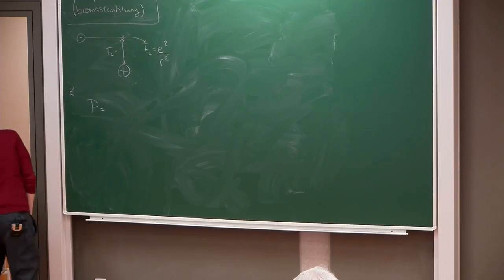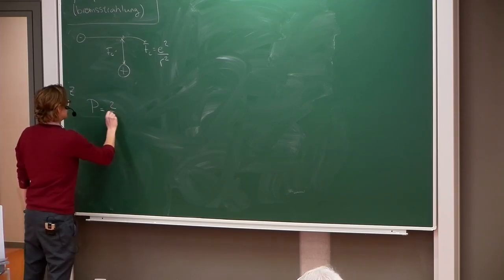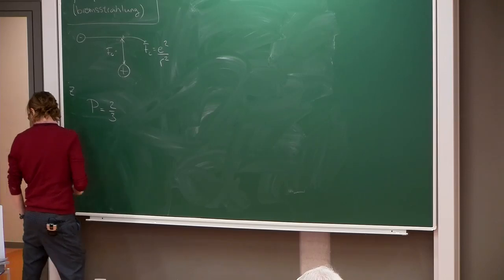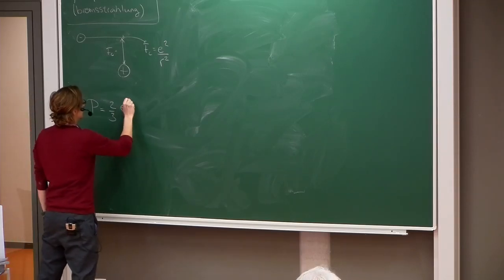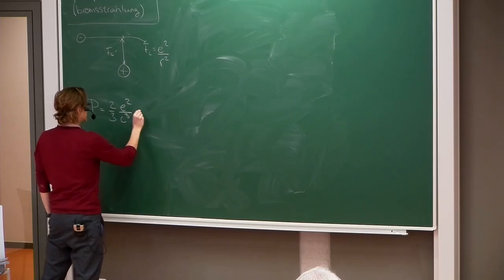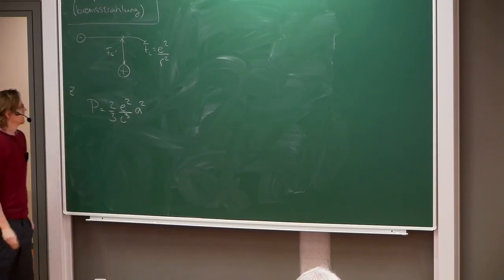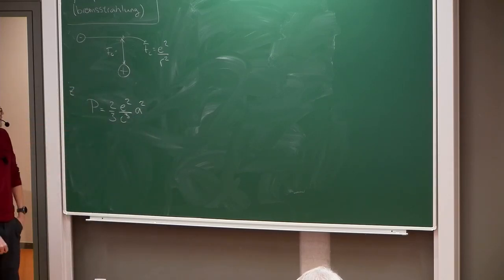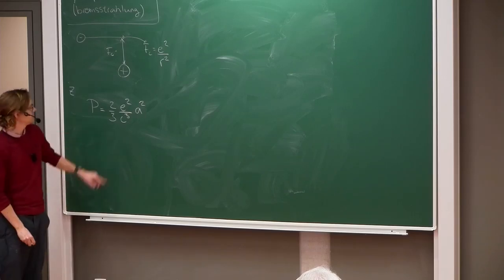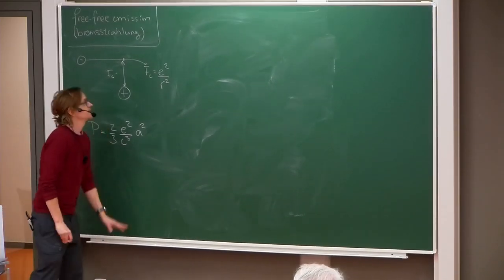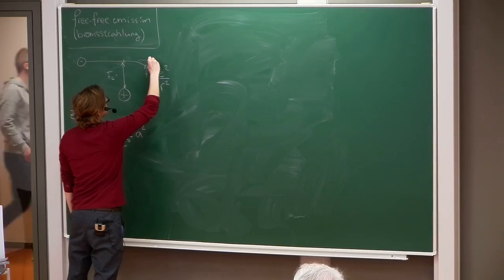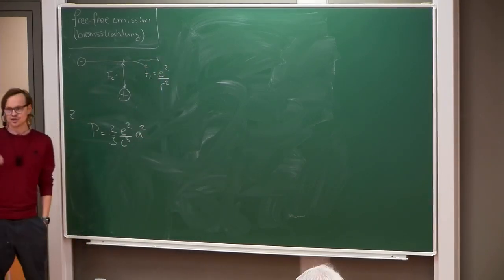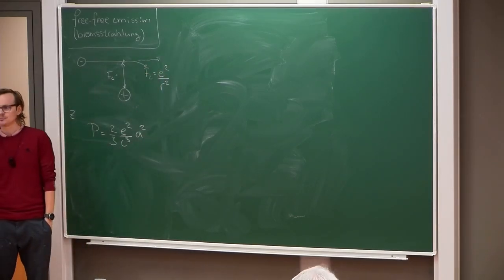Here is again a situation where it is reasonable for us to treat this classically. We will do a little correction at the end, as usual. Here is our Larmor formula. The response here is by emission of a continuous spectrum.